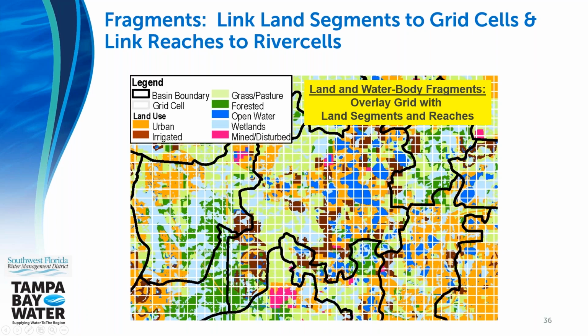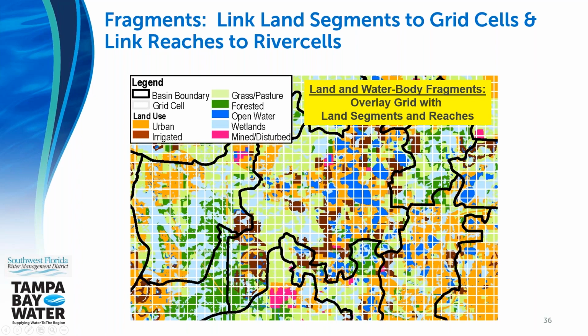In the same way, this occurs for the irrigated areas in dark brown. So this particular cell here has an irrigated, an urban, and a grass pasture land fragment, all of which make up the entire area of that cell.